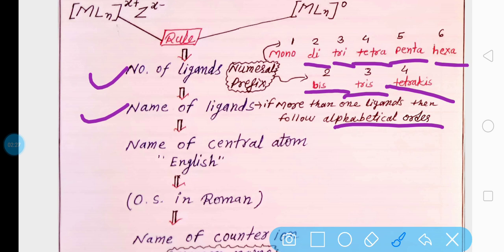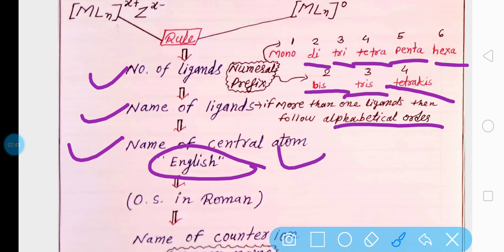And after the name of ligands you have to write the name of the central atom, and the name of the central atom should be in English. You don't have to write the Latin name, simply the English name. After that you write the oxidation state of the central metal, in Roman numerals, and the oxidation state is written in brackets.